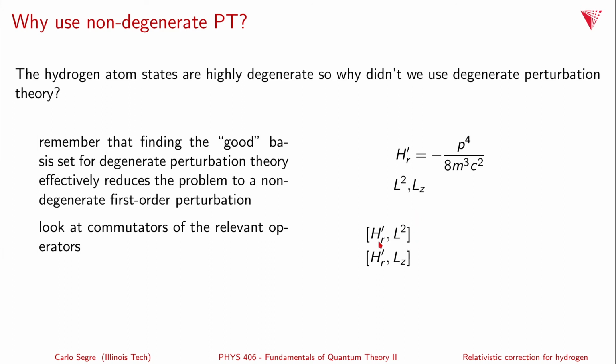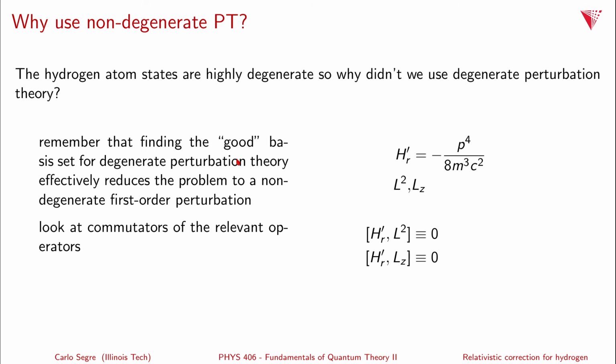So the commutator of H sub r prime with L squared is equal to 0. And similarly, the commutator of H sub r prime with L sub z is also equal to 0. And because of that, we already are in a good basis set. The basis set where we have quantum numbers for the principal quantum number n, l for the orbital angular momentum quantum number, and m for the magnetic quantum number are already good states.